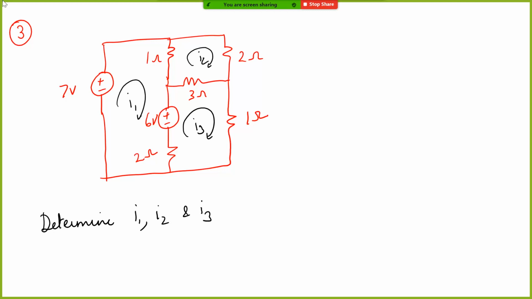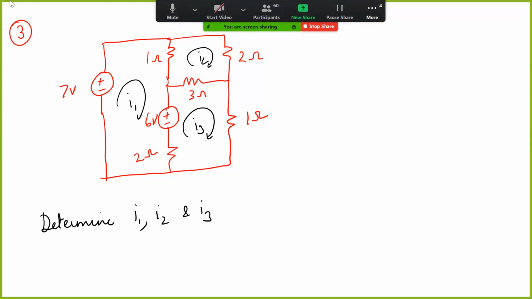Sir, I1 and I3 are 3 amps and I2 is 2 amps.